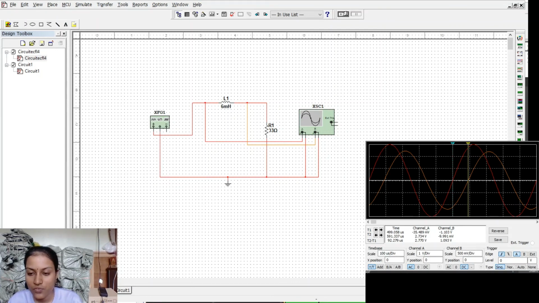To find out which one lags and which one leads, we can see that the red one is the signal for V in, voltage in, and the orange one is for V out, voltage out. So voltage in, V1, leads V2 by 66.33 degrees.